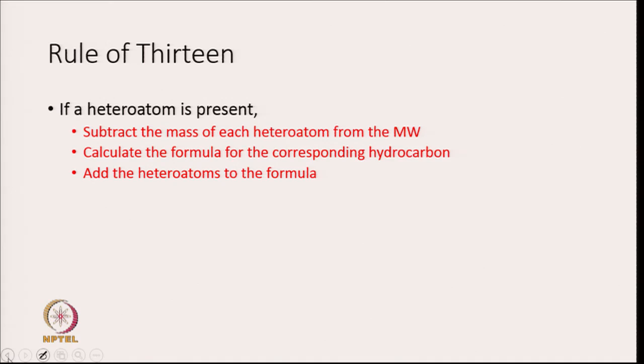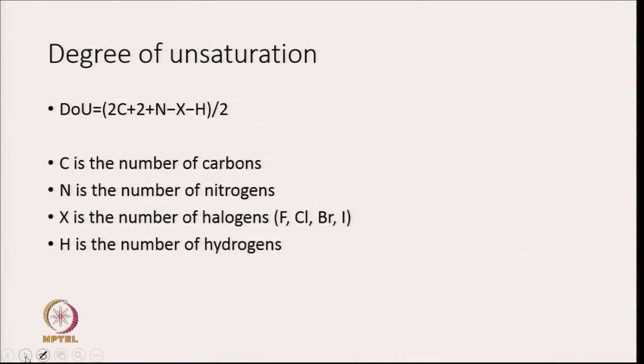So, once you apply the rule of 13, you know the formula. Now, the next step is to get the degree of unsaturation, which is given by this equation: 2 times C, where C is the number of carbons, plus 2, plus the number of nitrogens, N, minus the number of halogens, which may be fluoro, chloro, bromo or iodo groups, and then you subtract the number of hydrogens and divide by 2.